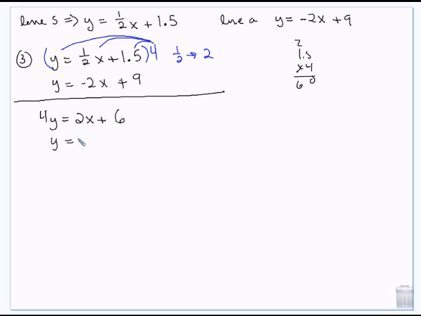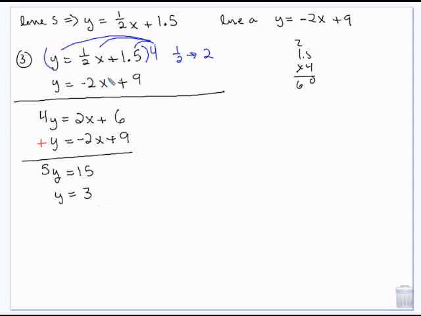And y is equal to negative 2x plus 9. I'm going to add those together. And I get 5y equals 15 because the x's will cancel out. So y equals 3.